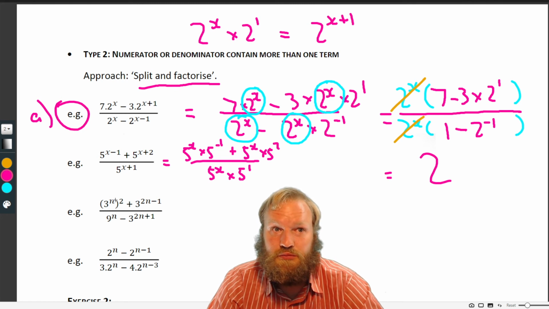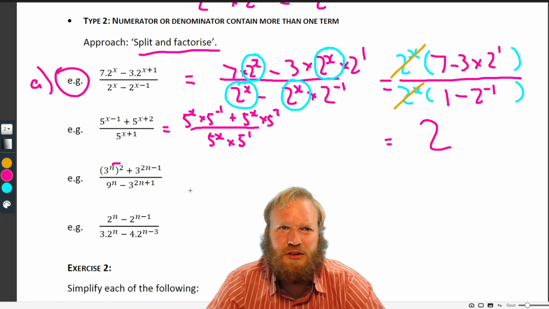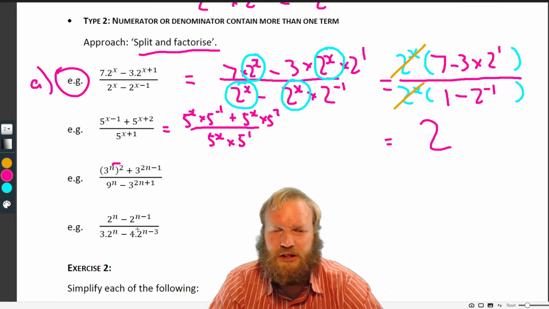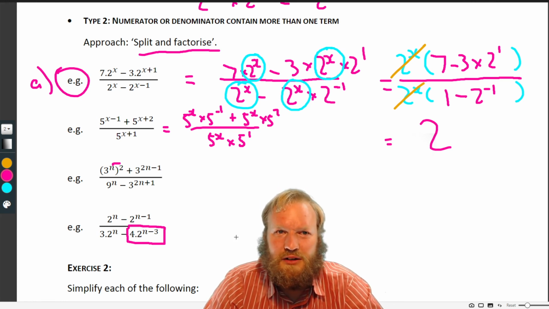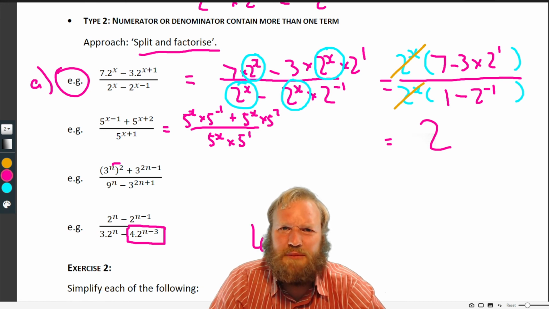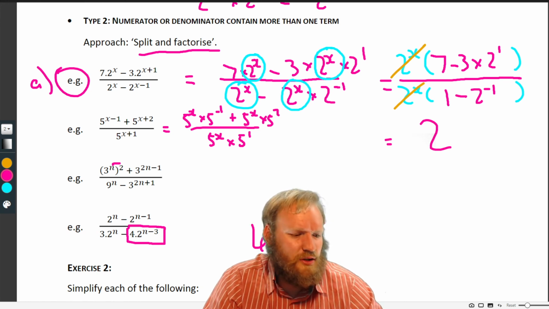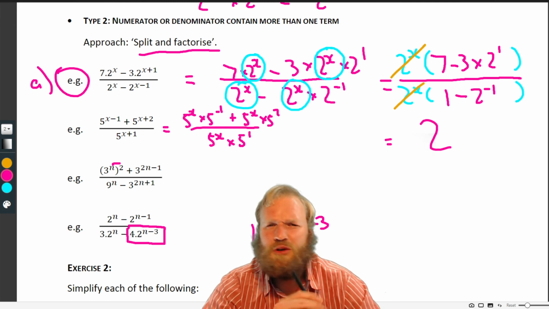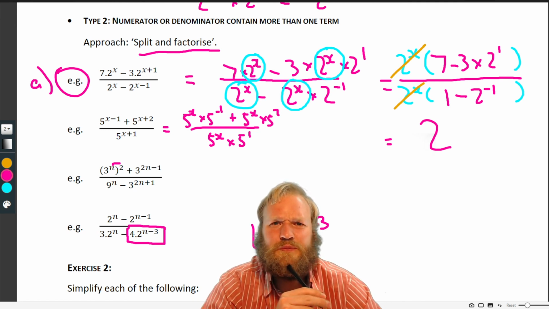Here, multiply this in maybe, see how you do, 2 to the n. Oh, this one, the only thing I would think about here is, sure, it might be worthwhile seeing if we can simplify that a bit. We've got 4 times 2 to the n minus 3. How could we maybe look at simplifying that?